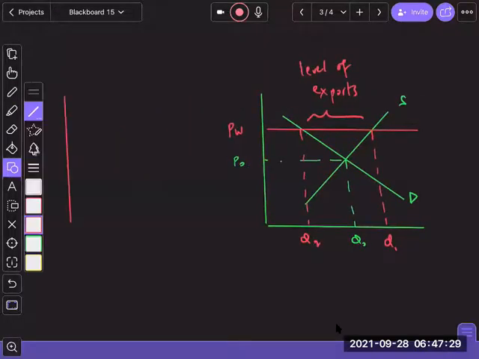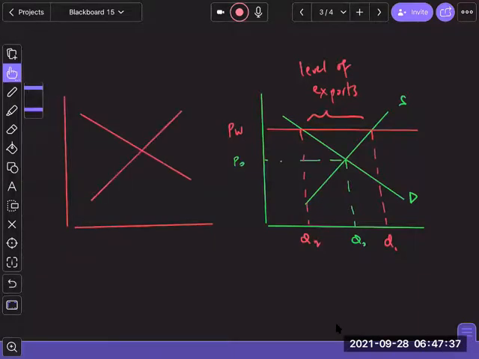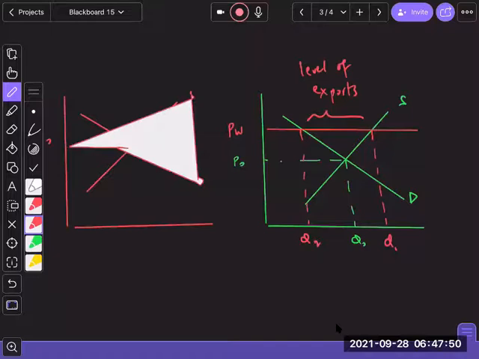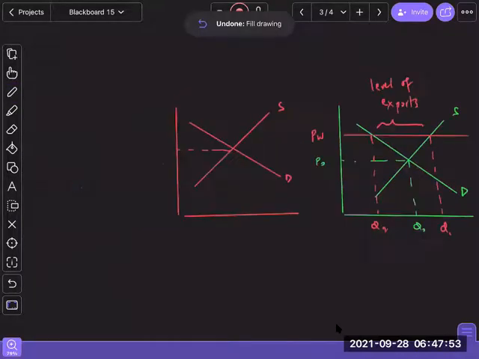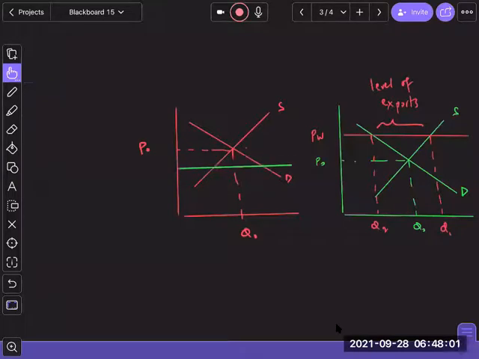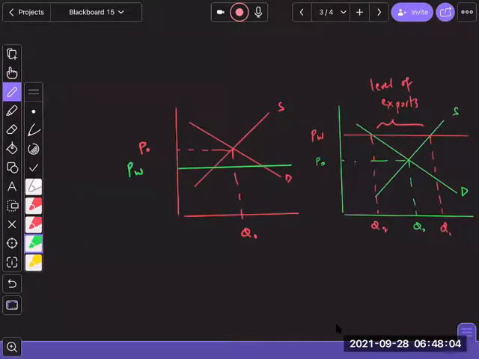But now look at this diagram, guys. Can we relate this as an existing form of dumping? Yes, the subsidy is dumping. You're right. So let's say your price was P naught, quantity is Q naught, and the world price is PW. Now, when you give a subsidy, the supply curve will shift to the right.